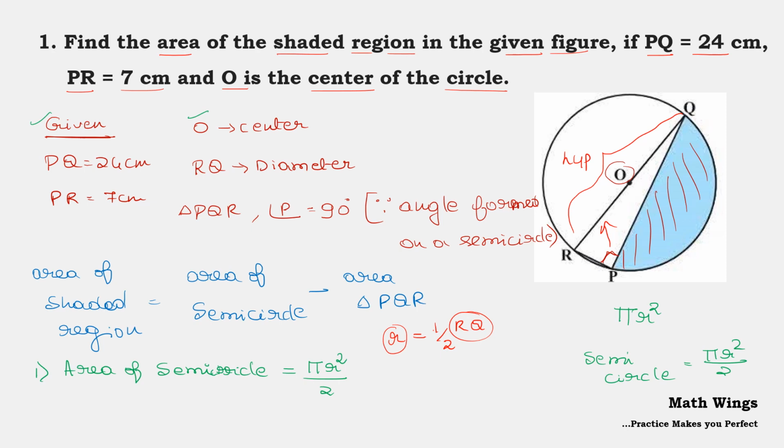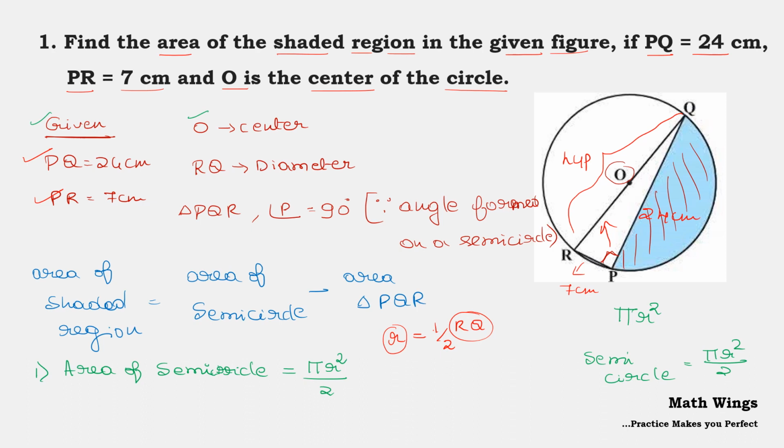And here we have the given parameters PQ equal to 24 cm and PR equal to 7 cm. So by applying the Pythagoras theorem for the triangle PQR, we can find the side RQ, which is the hypotenuse of the right angle triangle. Correct?